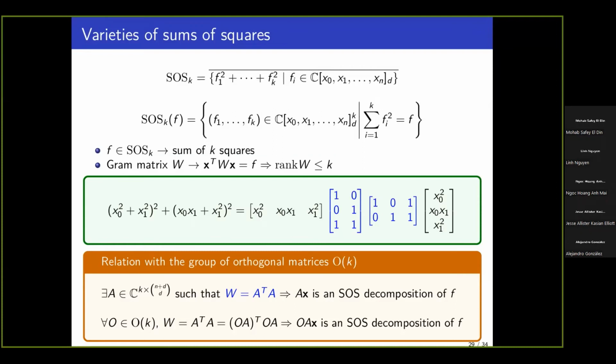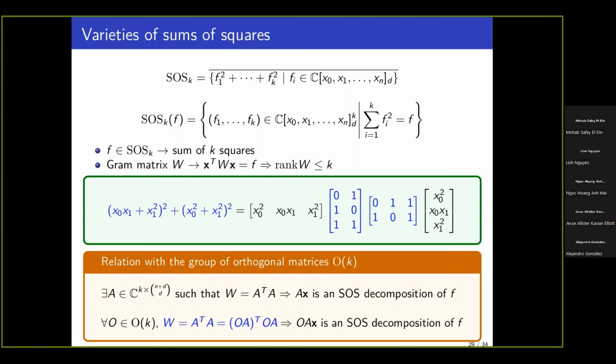So for instance, if we just take the orthogonal matrix that swaps the rows or the columns, we get a new decomposition of our polynomial, which is just trivially swapping the order of the sum. So this shows we have an action of the orthogonal matrices onto the variety SOS_{k,f}.